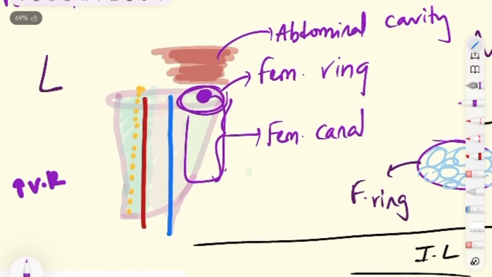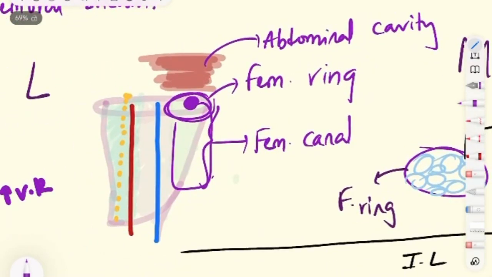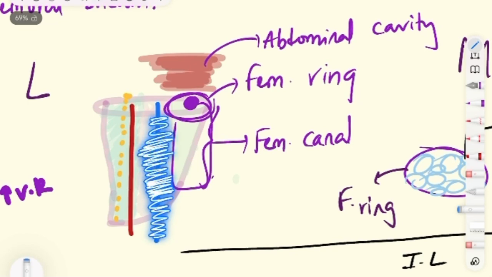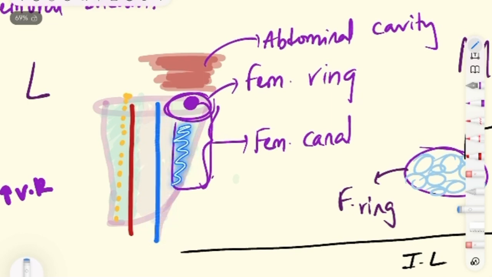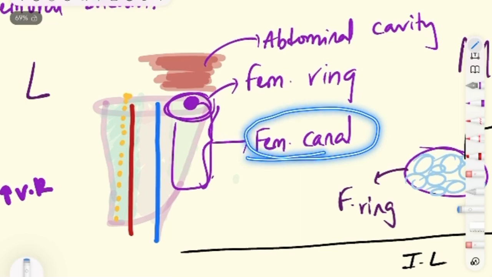When there is increased venous return, this vein will expand more, and to accommodate this expansion, this dead space plays a significant role. This dead space is also known as the femoral canal.